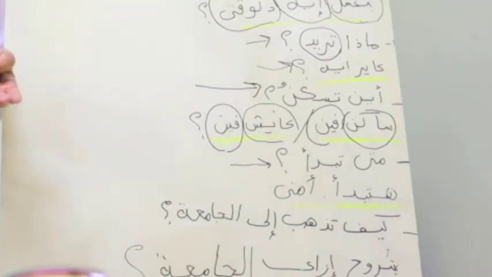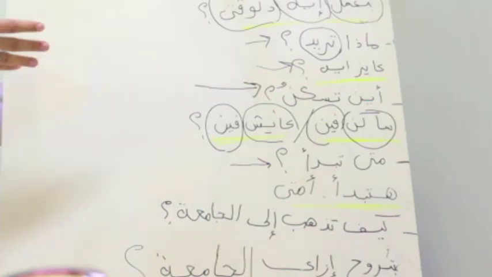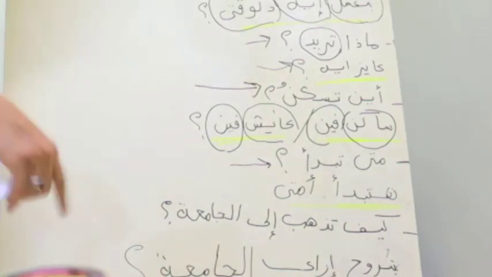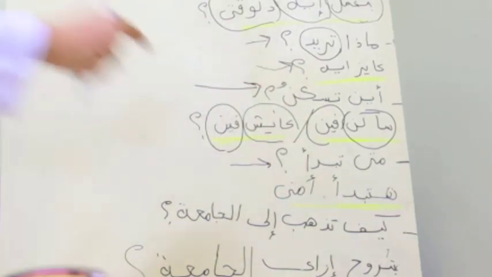Alright? If you know what does this phrase mean, please leave a comment in the comment section. It has something to do with these phrases. So متى تبدأ in Standard Arabic.